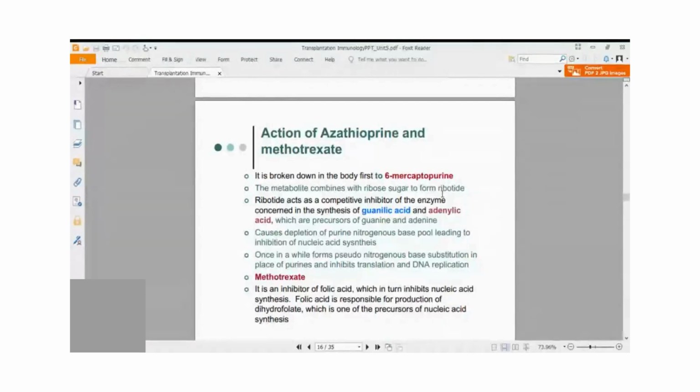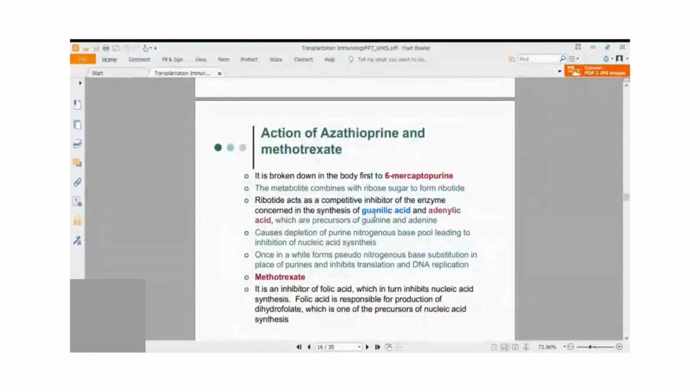So the ribotide will inhibit the enzymes which are responsible for the synthesis of guanylic acid and adenylic acid, which are the precursors of guanine and adenine. Because ribotide acts as a competitive inhibitor of the enzymes of synthesis of guanine and adenine, the pool of guanine and adenine will be deprived in the cell.